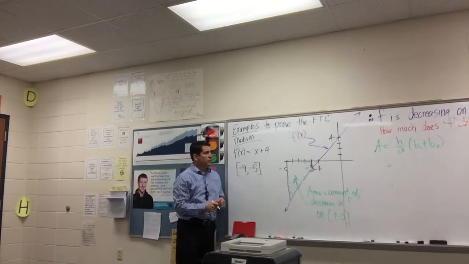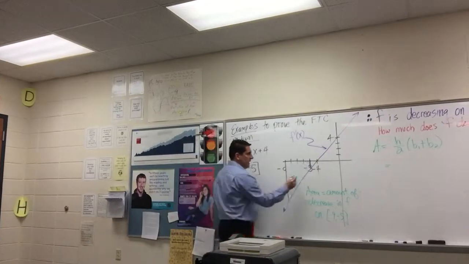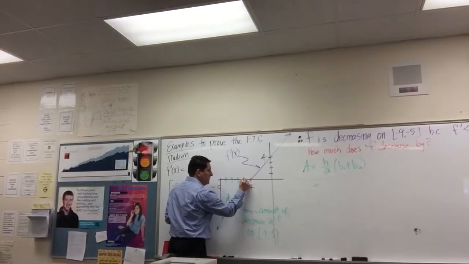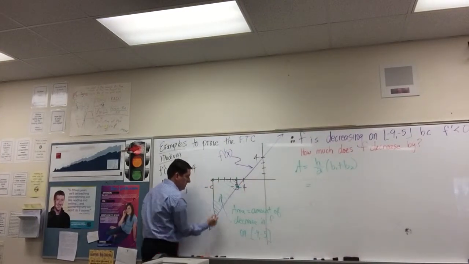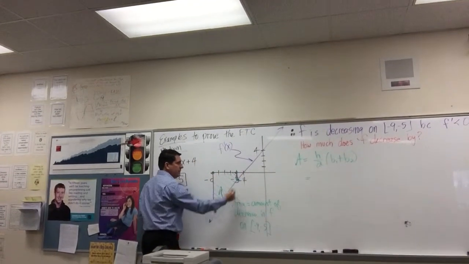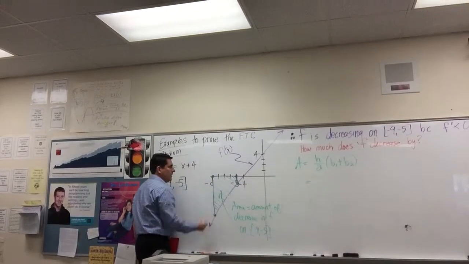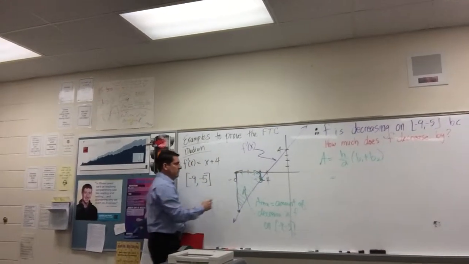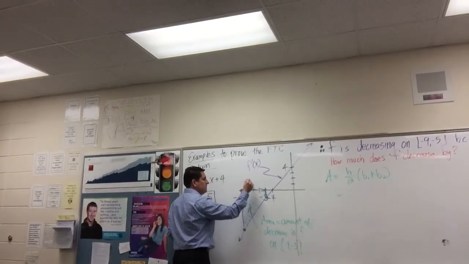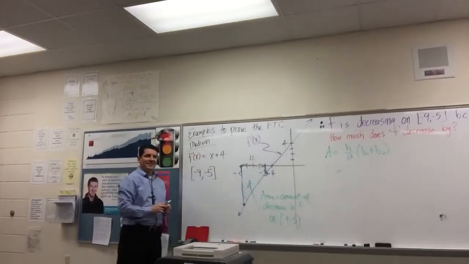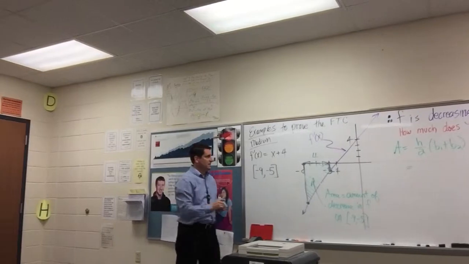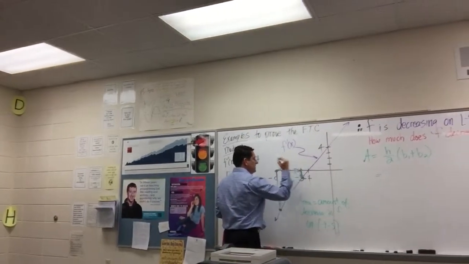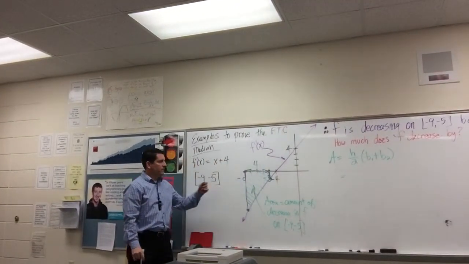So, need your help here. I need to know the lengths of the two bases and then the length of the height. Okay, so I'll do the hard one. 1, 2, 3, 4. Okay, so how do we figure out the other two lengths?